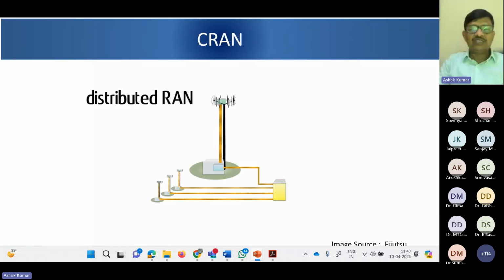So what is it? Generally, as we saw, in a distributed RAN we had the antenna and RF part on top of the tower, and then we had the fiber where CPRI is running, and then a BBU below the tower. Similarly, I have a second tower, third tower, fourth tower, and they are being connected to the core. So these are distributed RAN.